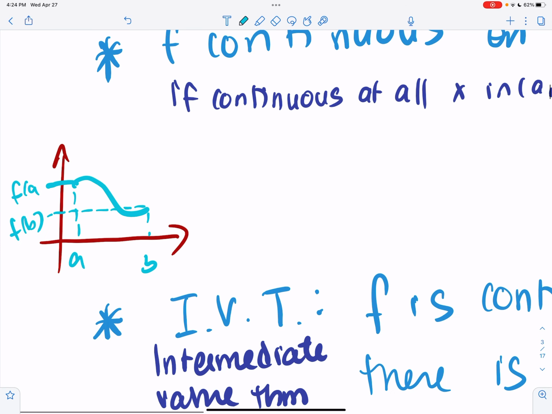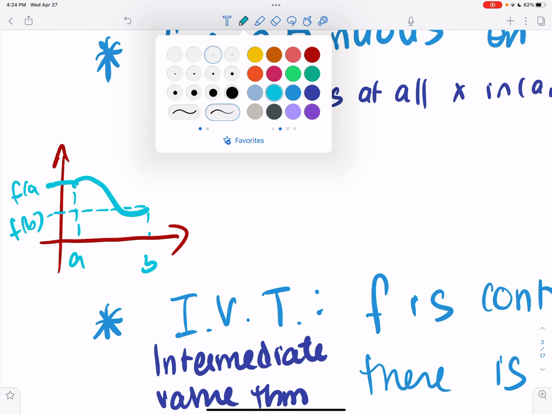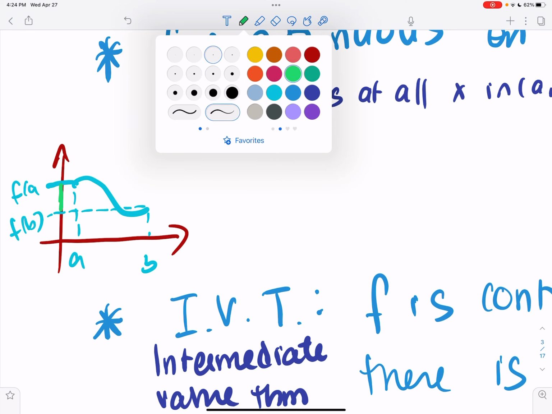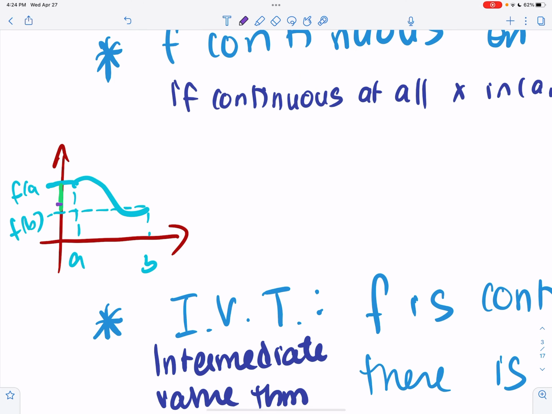If you take any value z in this little green interval, so that's between f of a and f of b, then there has to be a c between a and b. So pick any z in there. So for example, pick this z in there.